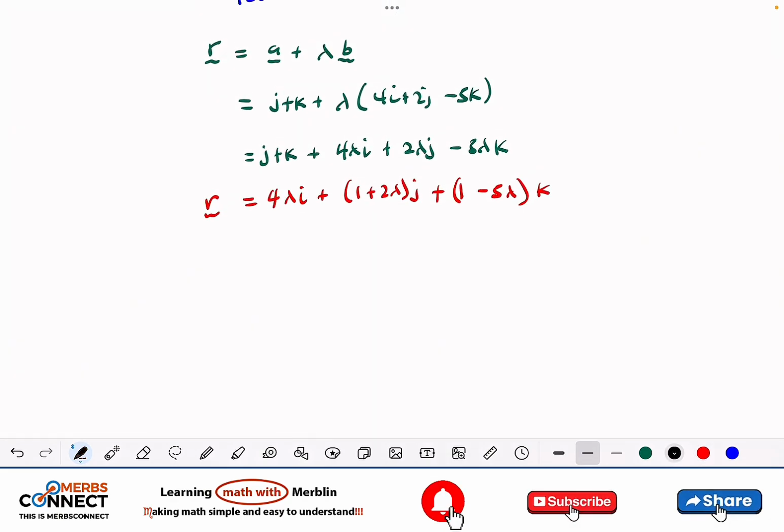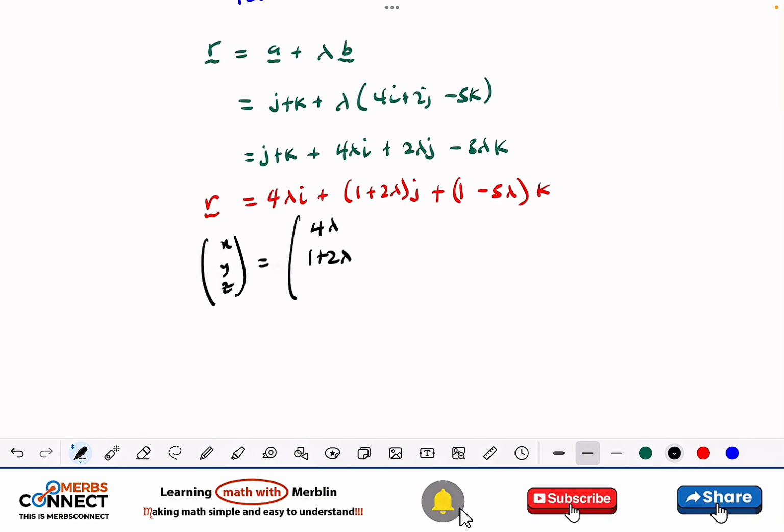Now, since this is ijk, this is x, y, z, and this is going to be 4 lambda, 1 plus 2 lambda, and then 1 minus 5 lambda. Let me write it bold. So let's go. x is equal to 4 lambda.